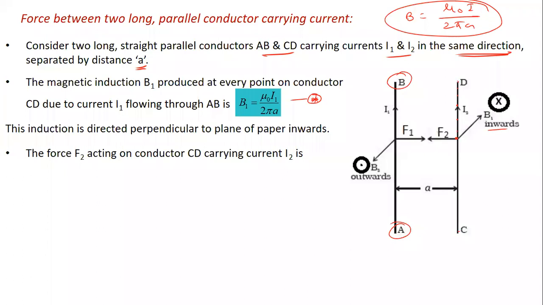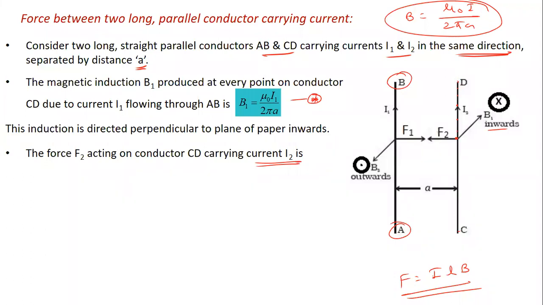Because CD carries some current I2, and we know that a current carrying conductor experiences a force in a magnetic field, and that force is ILB sine theta. If the magnetic field is perpendicular to the length of the conductor, the angle is 90 and sine 90 is 1, so the force is ILB only. This formula we already derived in the previous article.